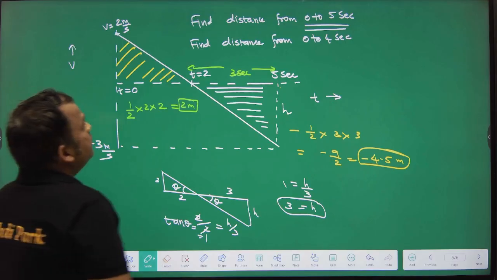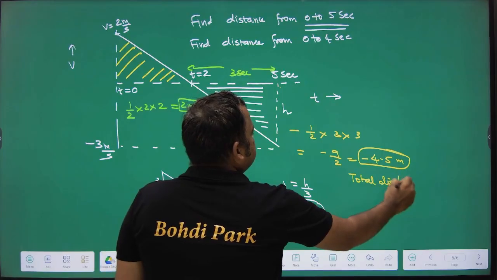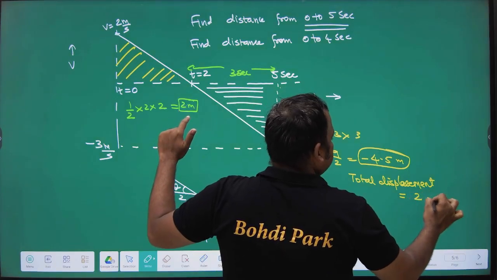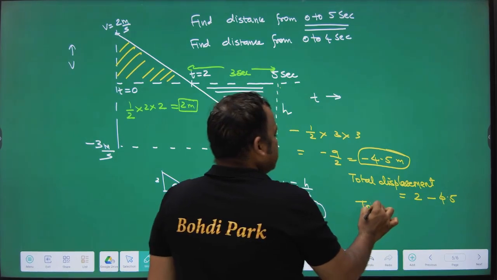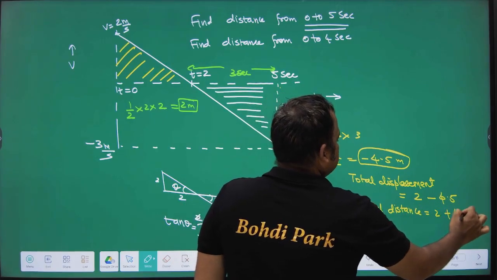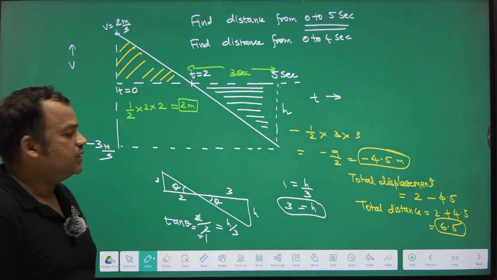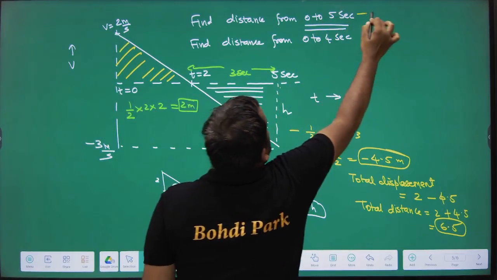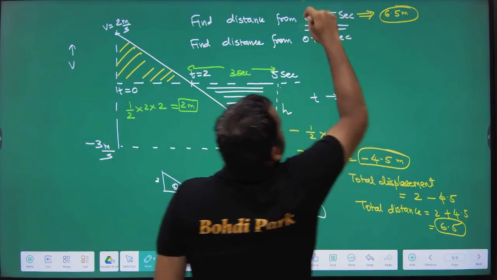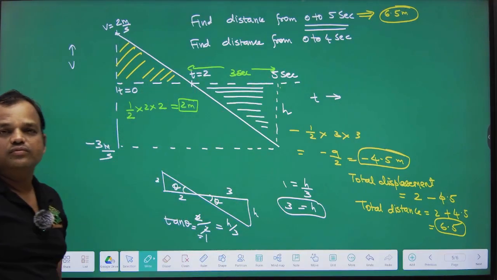So the total displacement will be 2 minus 4.5 and total distance will be 2 plus 4.5, which is 6.5 meter. Total distance is 6.5 meter. So answer to first question is total distance, which is 6.5 meter. You have to consider whole time duration, which is 0 to 5 seconds.